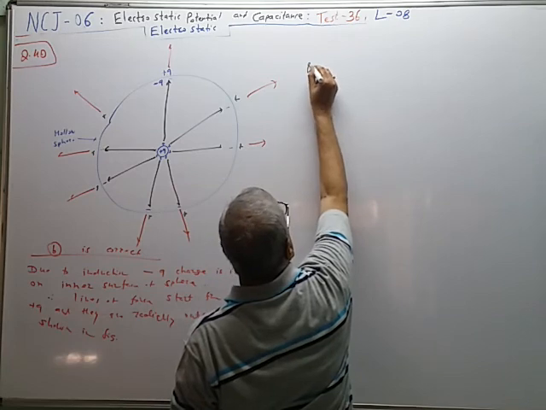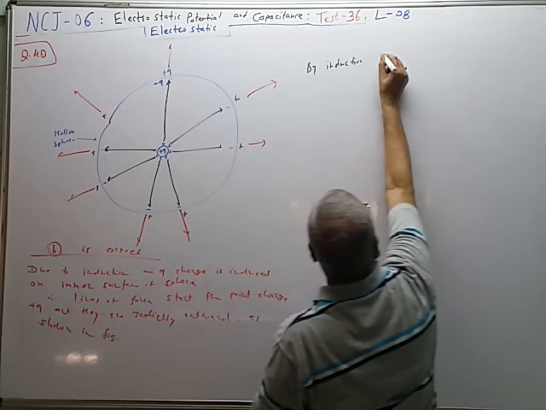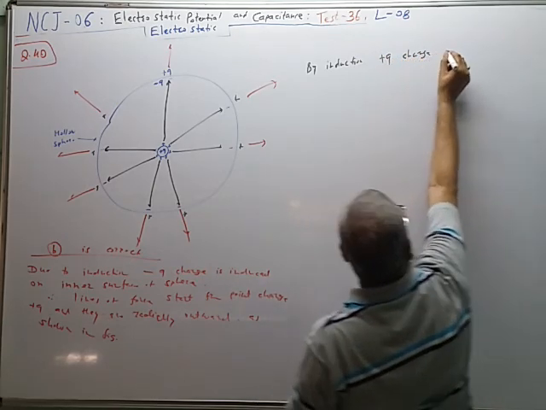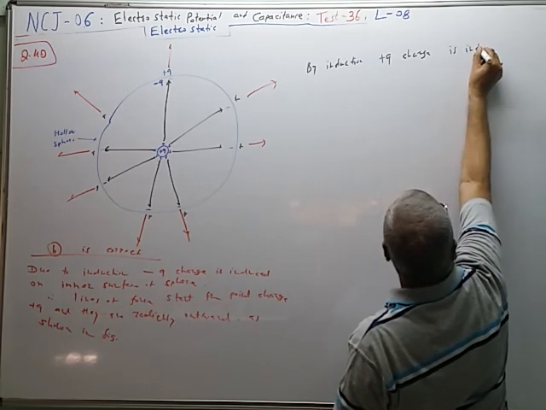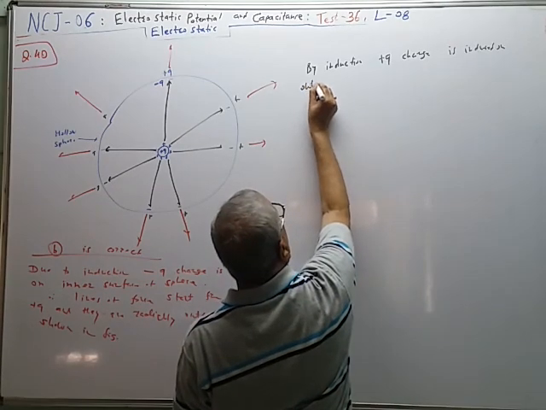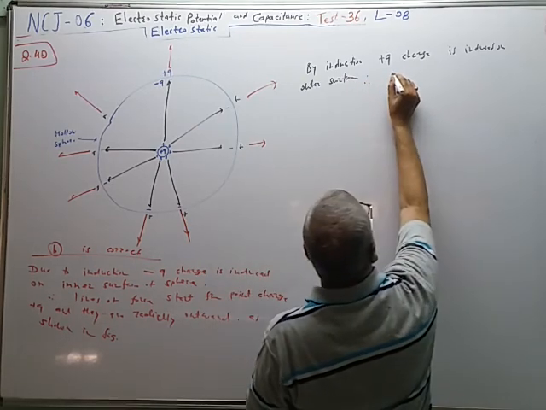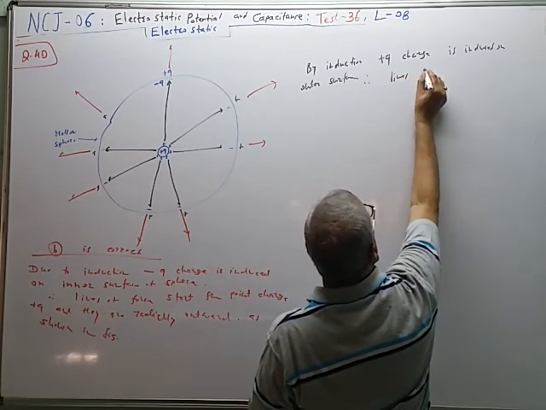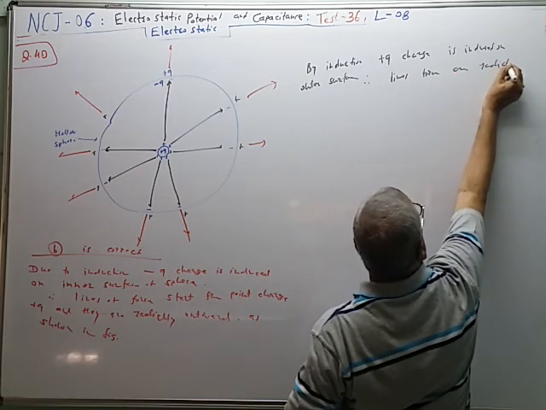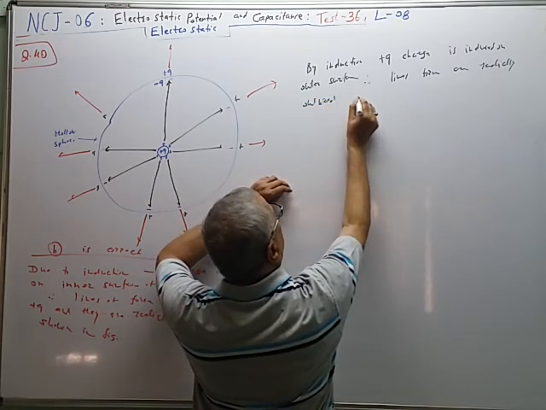By induction, plus Q charge is induced on the outer surface. Therefore, lines of force are radially outward outside the sphere.